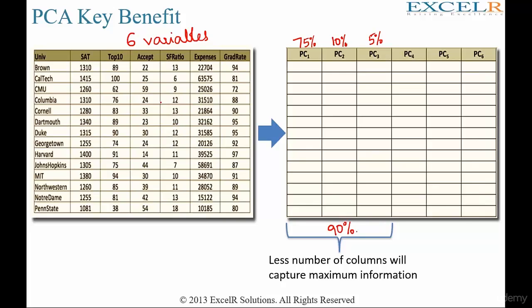So here is where we need to do cost-benefit analysis. If you use all the 6 variables, of course, your accuracy of whatever you're trying to do increases. But at the same time, your performance decreases.